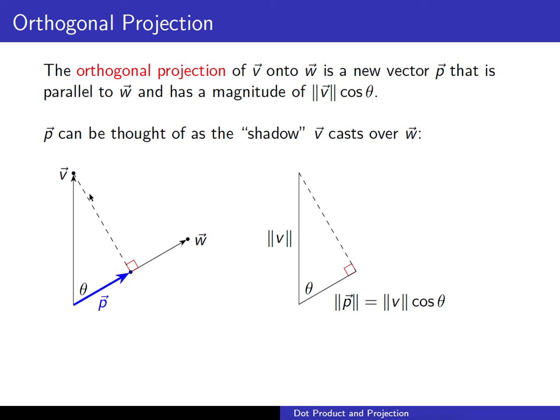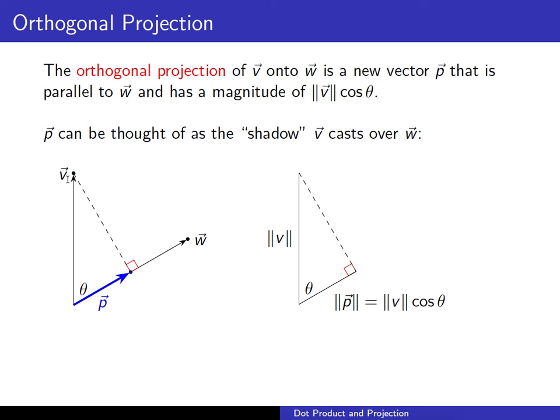If you imagine this is the ground, v is like looming over vector w, and if the sun were up here shining down, it would cast a shadow, and that shadow would be this blue vector here. So our orthogonal projection can be thought of as the shadow that vector v casts over vector w.